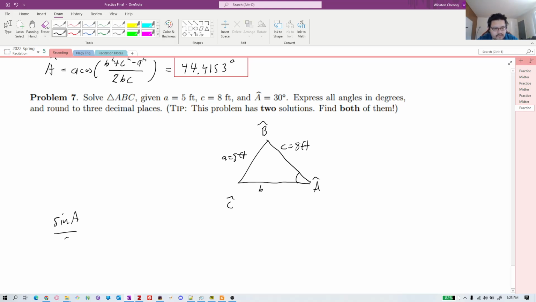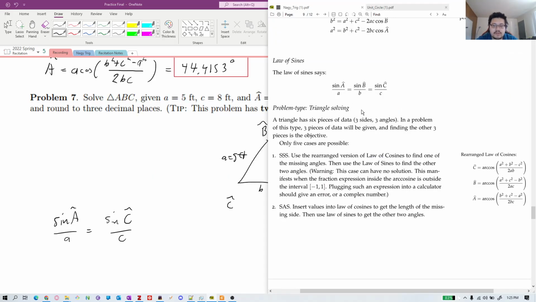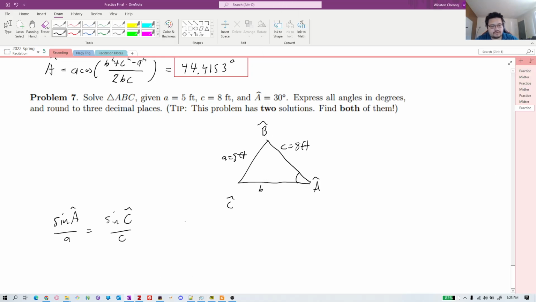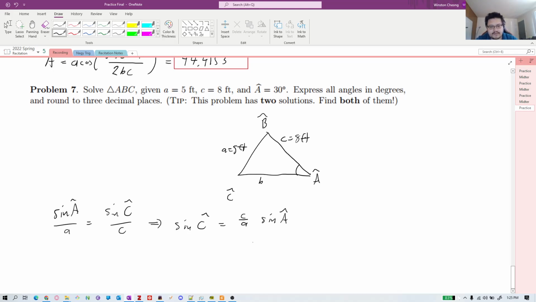Sine of A over A is equal to sine of angle C over C. If you remember your law of sines. If you don't, it is in the formula sheet. It's this right here. Right. So you've got this, and if we solve for what we're after, we are after the angle C. So just moving things around, I multiply C over, and that will give me C over A times sine of angle A. Then we would take the arc sine, and it's the fact that we take the arc sine that is problematic.